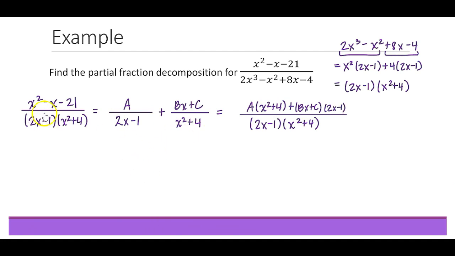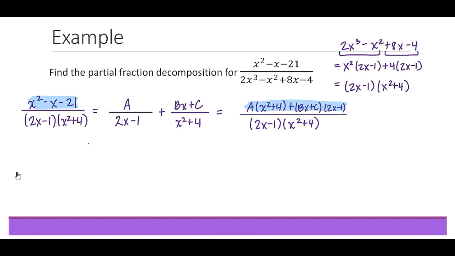So now, the numerator, x squared minus x minus 21, that original numerator, will have to equal a times quantity x squared plus 4 plus quantity bx plus c times quantity 2x minus 1. So that's what I'm going to look at. I want to set those equal to each other to solve for a, b, and c.